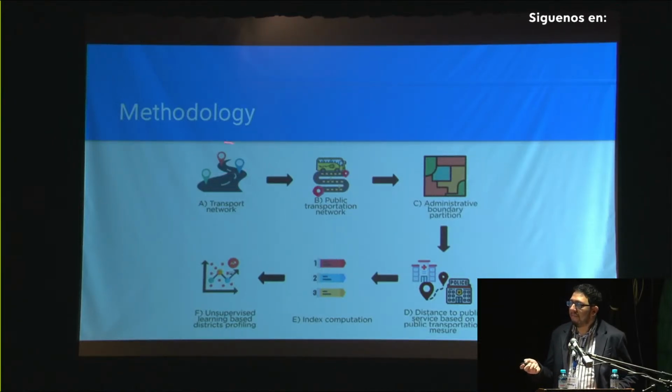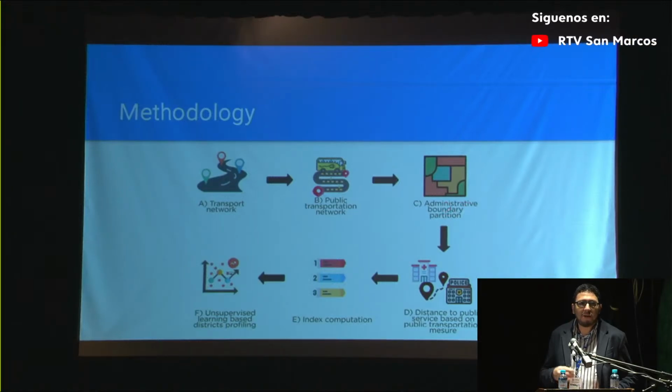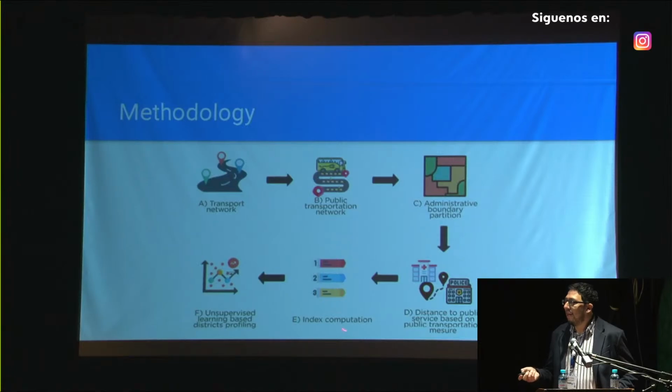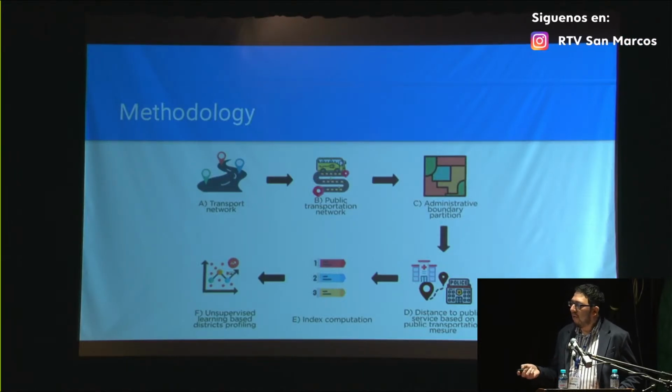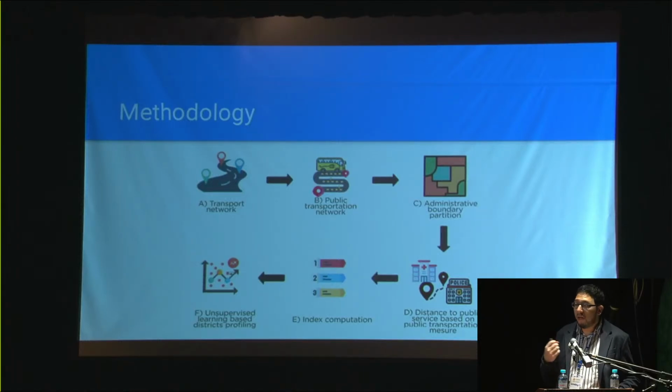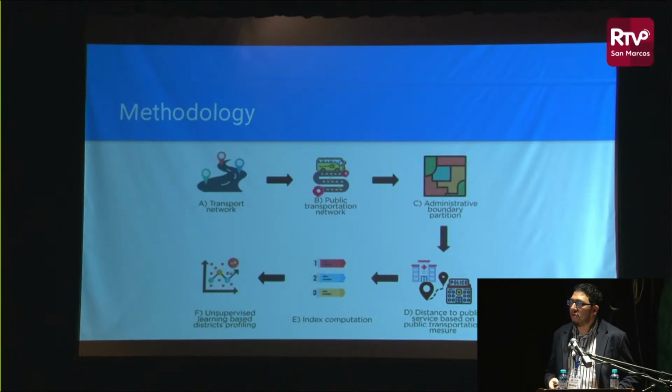The first part is to build a transportation network, overlap the public transportation network, then extract all the administrative boundaries, because here we rely on different administrative level 3 authorities, especially in Lima, or municipalities. And then we try to understand, based on this political distribution, the distance to public services for the citizens. Then we compute the index, and then we try to profile the municipalities that share the same characteristics in terms of accessibility profile.